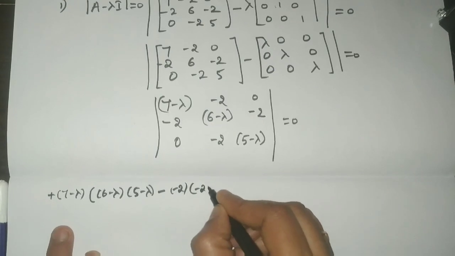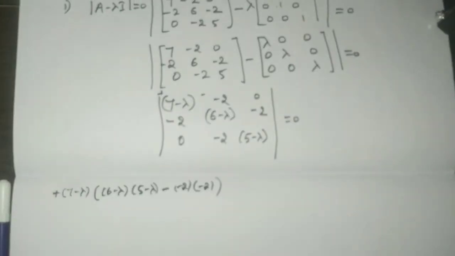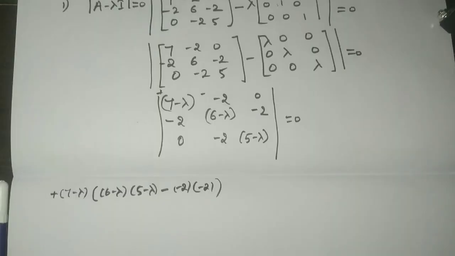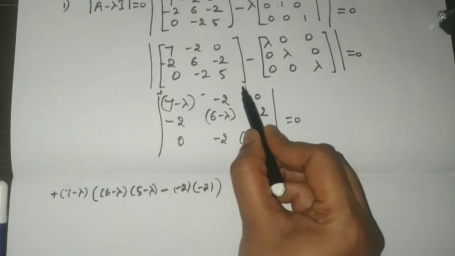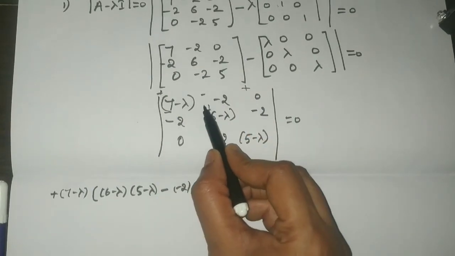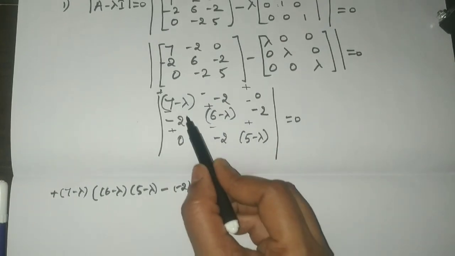So minus 2 into minus 2. Usually the sign operations are plus, minus, plus, minus, plus, minus, plus, minus, plus.